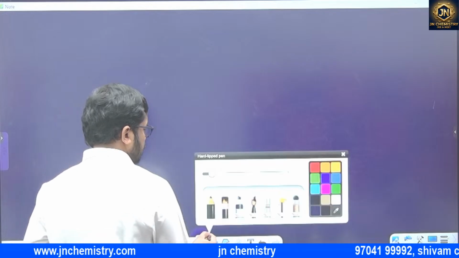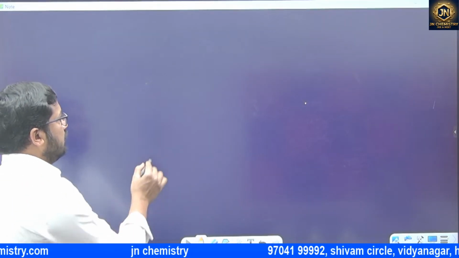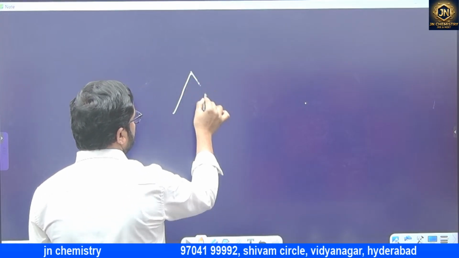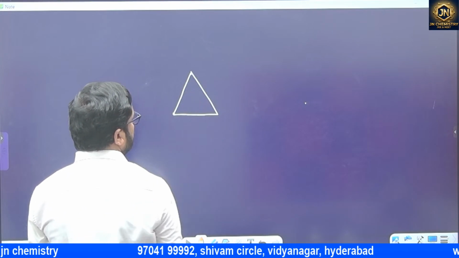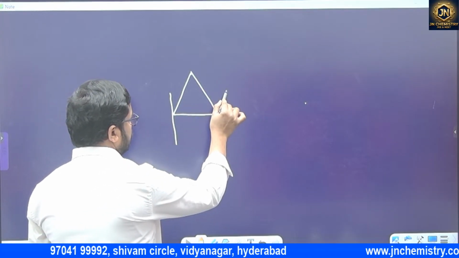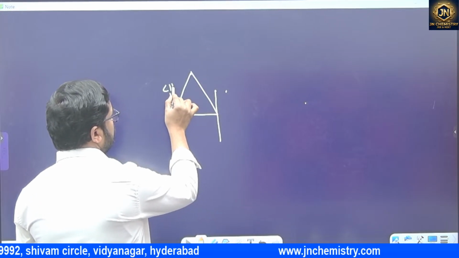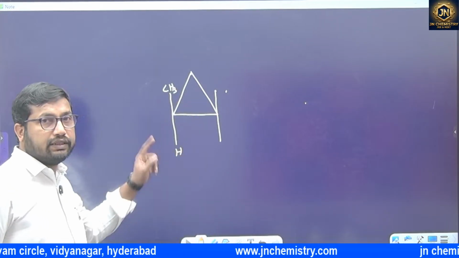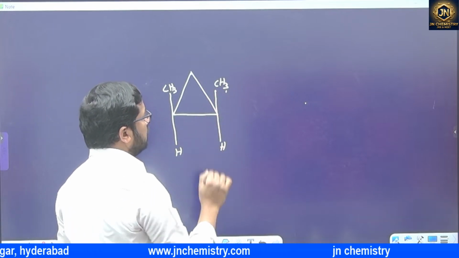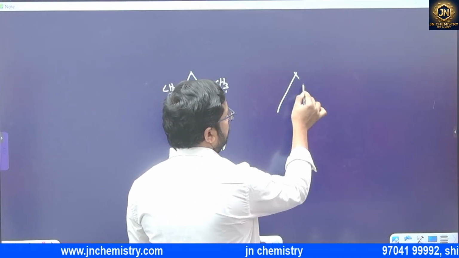Next, substituted cyclohexane. CH3, H, CH3, H. So we can write this like this also. Both are on the same side.